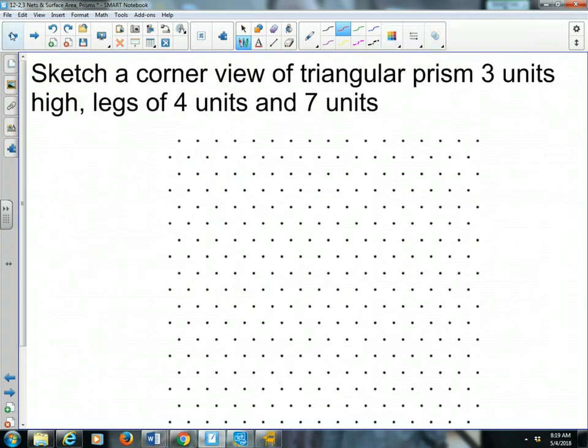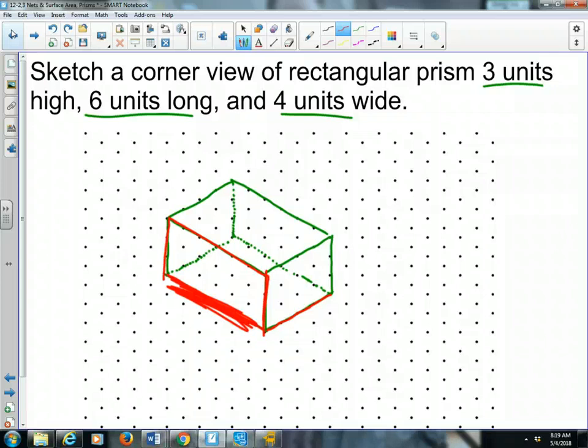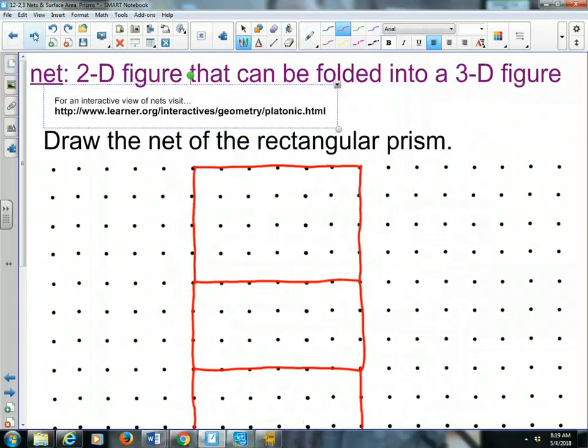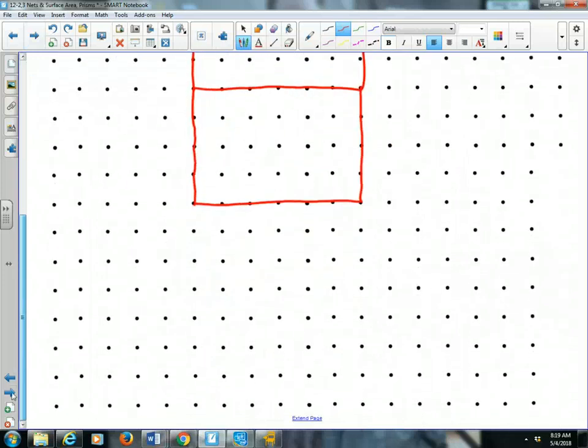And there we have that one. Now I have the bottom, the left side, and the top. Now this right side back here is another 6 by 3. So I'm going to put that on my dot paper. One more 6 by 3. 1, 2, 3.